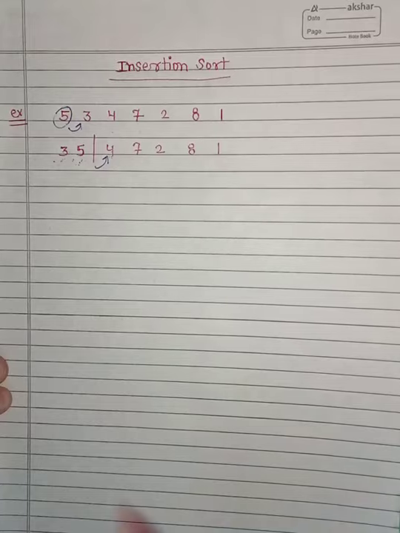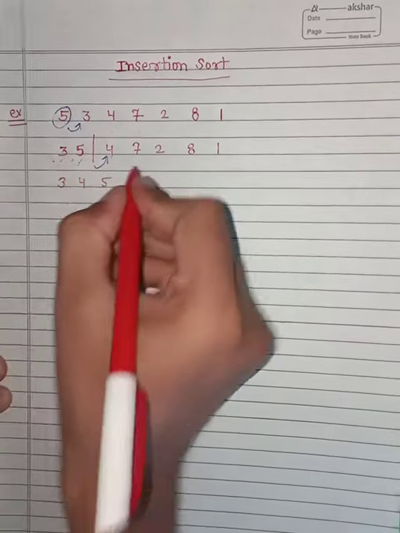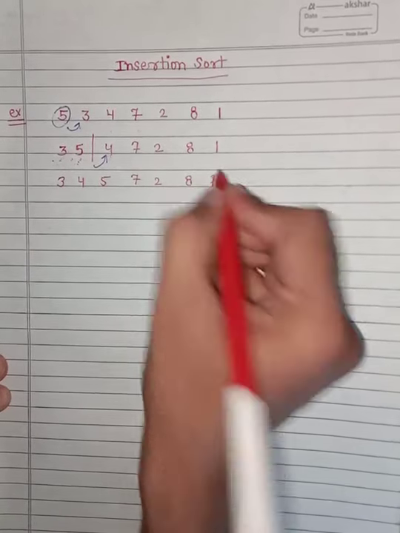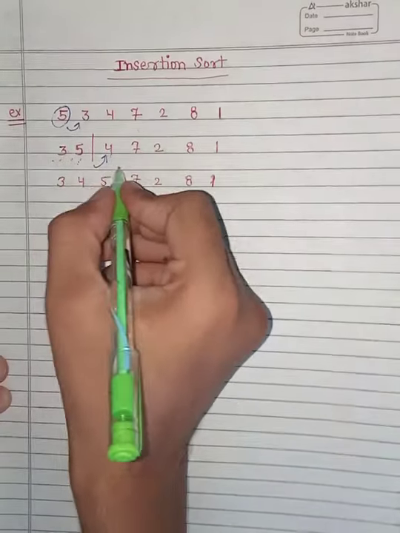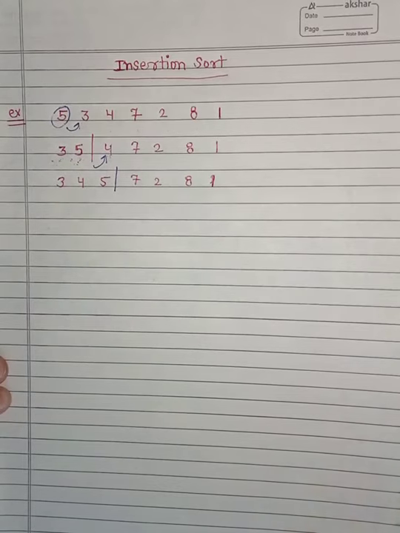So the next step will be 3, 4 and 5. All the remaining elements will be as they are. So 3, 4 and 5 are sorted now.